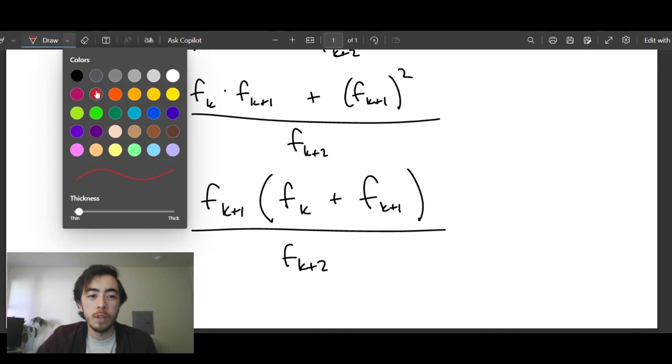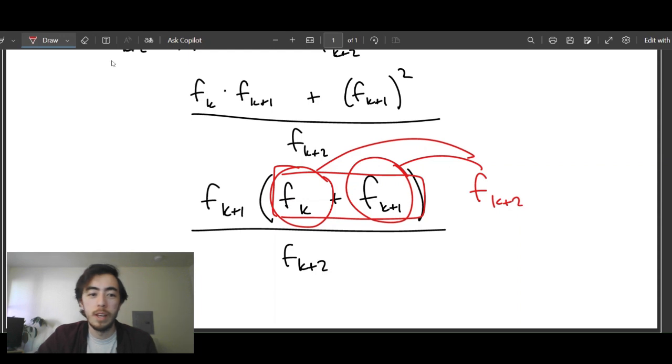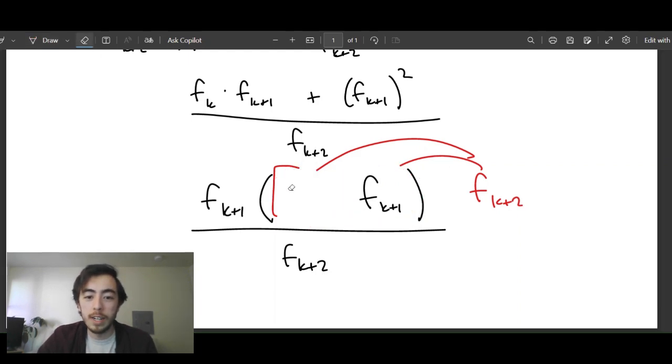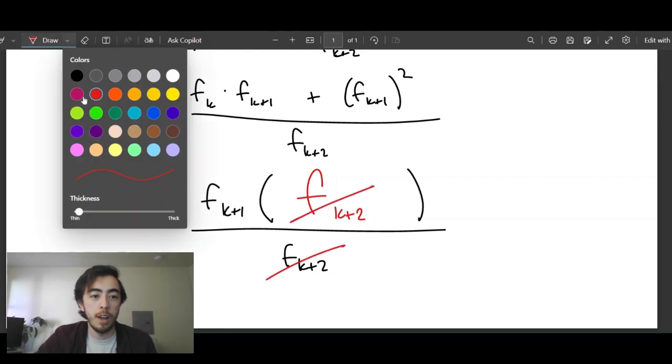And then I'm going to use the same rule that we used to generate all the Fibonacci numbers. I know that f sub k plus f sub k plus 1, these are the two terms preceding f sub k plus 2. And so this number right here is just the same as that, f sub k plus 2. There we go. So now I can cancel off common factors in my fraction.